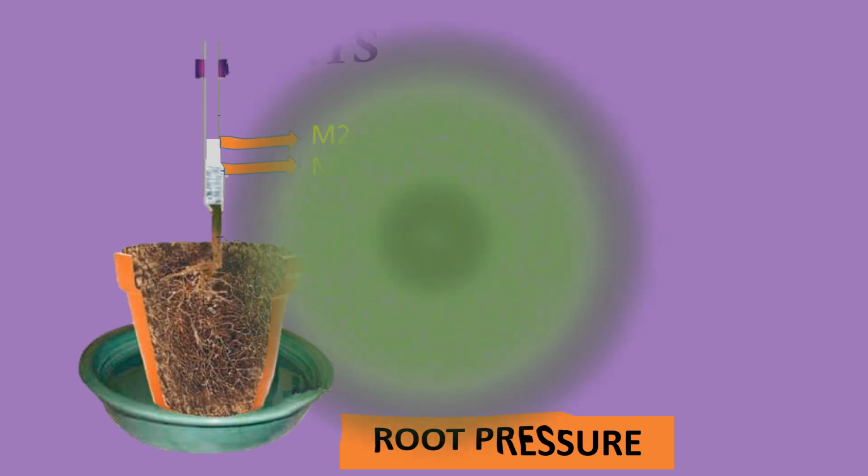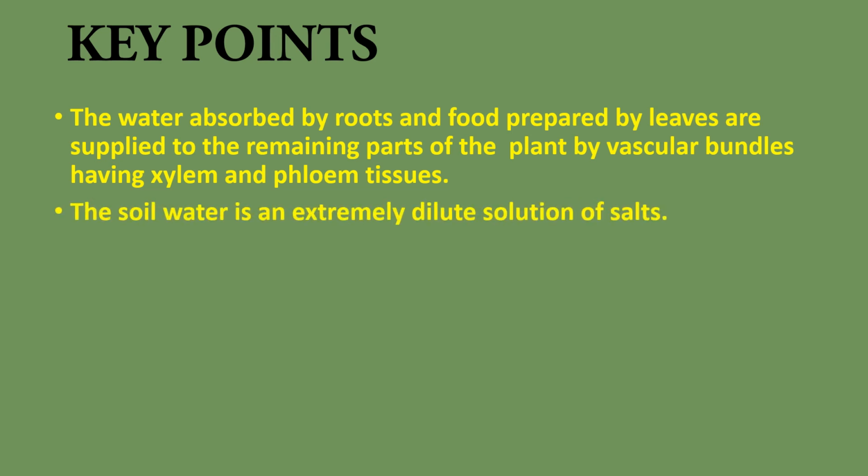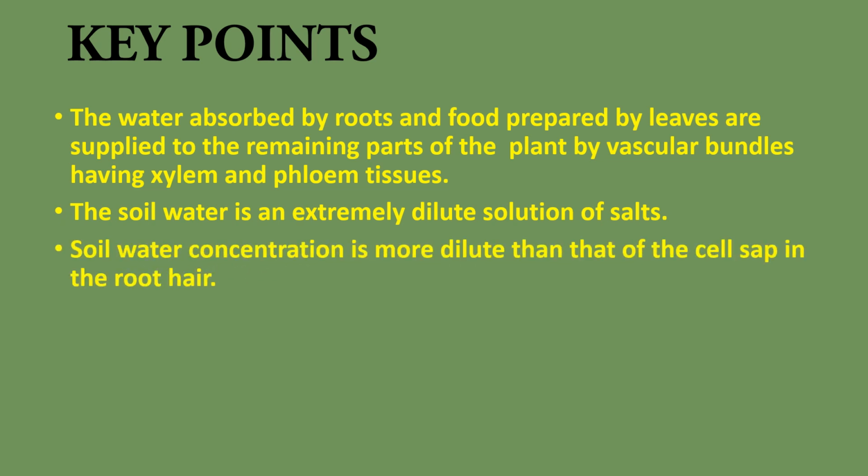Key points: the water absorbed by roots and the food prepared by leaves are supplied to the remaining parts of the plant by vascular bundles having xylem and phloem tissues. The soil water is an extremely dilute solution of salts. Soil water is more dilute than the cell sap in the root hair.